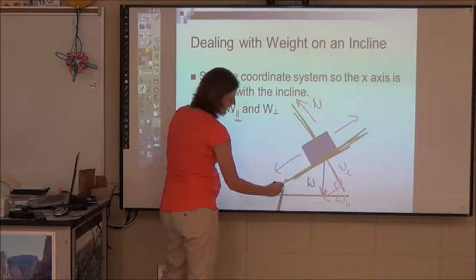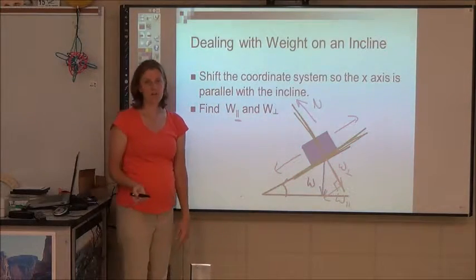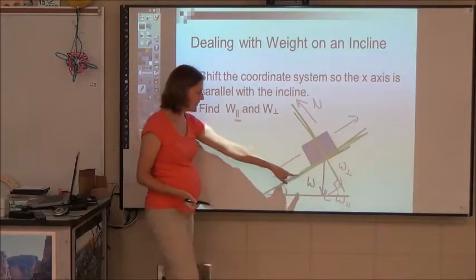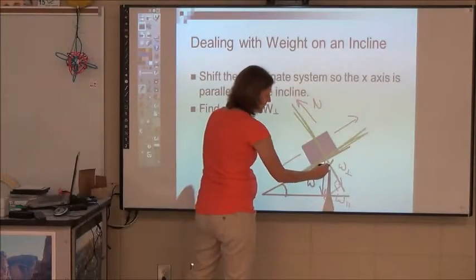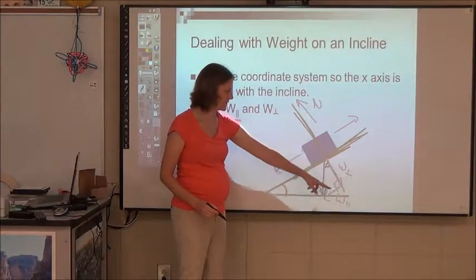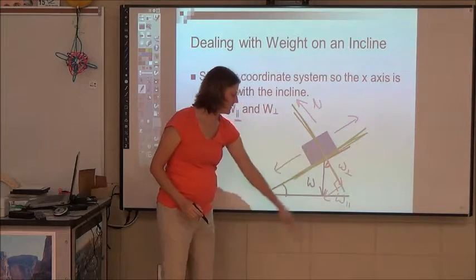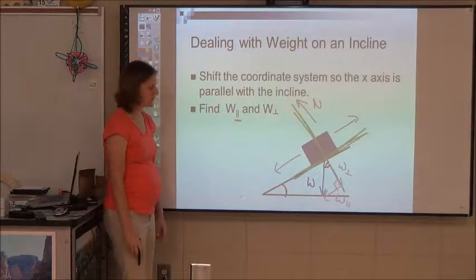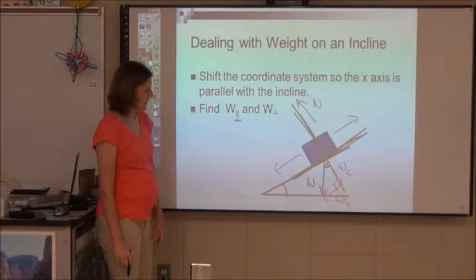Also conveniently, you will very likely be given the angle of an incline. That angle fits in nicely right up here. If you drew weight perpendicular first, then weight parallel, to make weight the resultant of those two, you can kind of prove that.